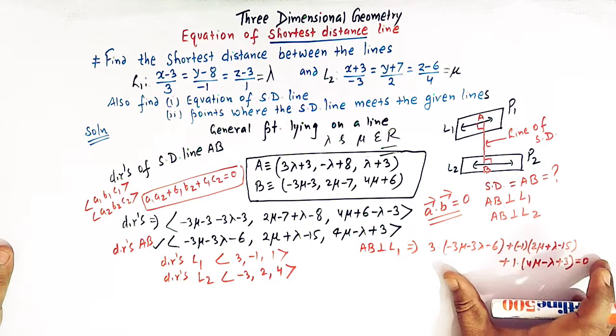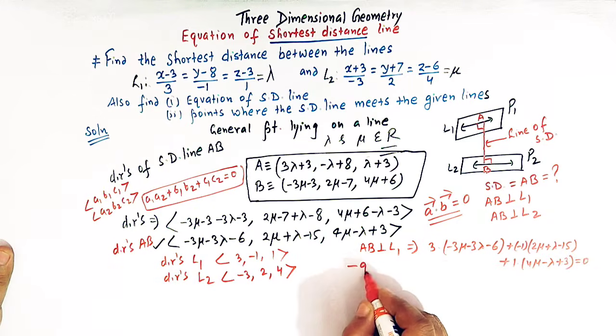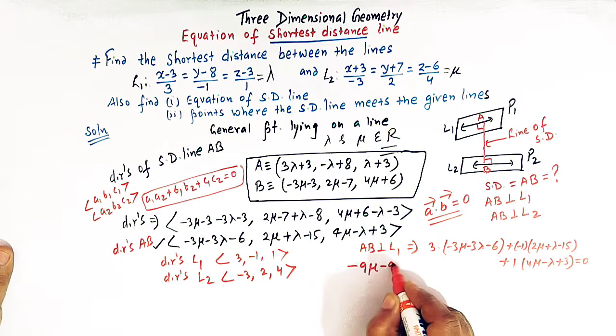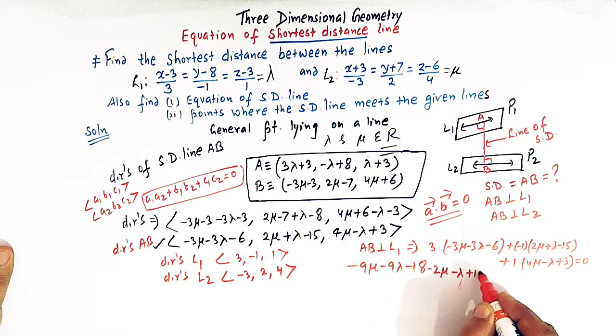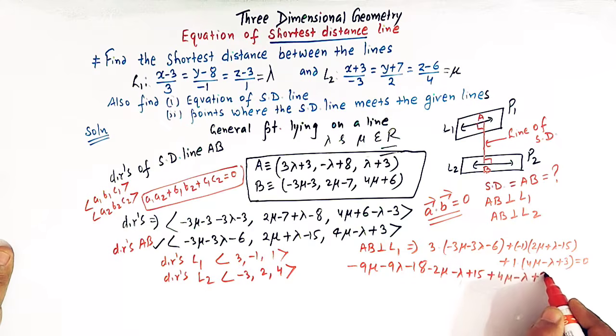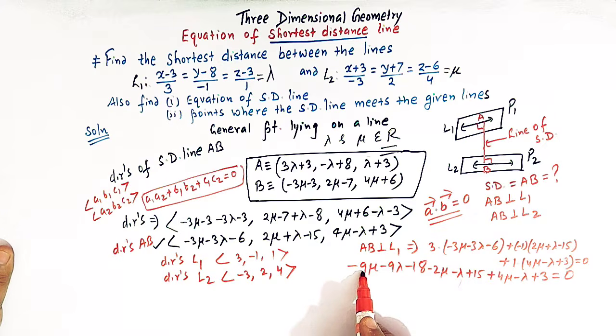So now, simplifying this equation, we have minus 9 mu, minus 9 lambda, minus 18, and then minus 2 mu plus lambda minus, here we have minus lambda, then plus 15, and then 4 mu minus lambda plus 3 is equal to 0, right? Okay, so now see here minus 9 mu, minus 2 mu, that is minus 11, plus 4, that is minus 7 mu, right?